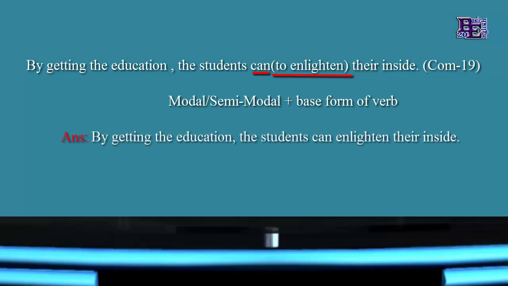Here enlighten means to enrich yourself with the light of education. So before the blank you will get a modal auxiliary, that is can, and after can we have to use the base form of the verb. So here the answer will be, by getting the education, the students can enlighten their insight.